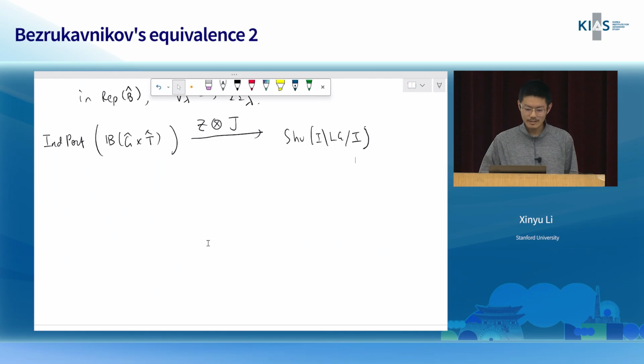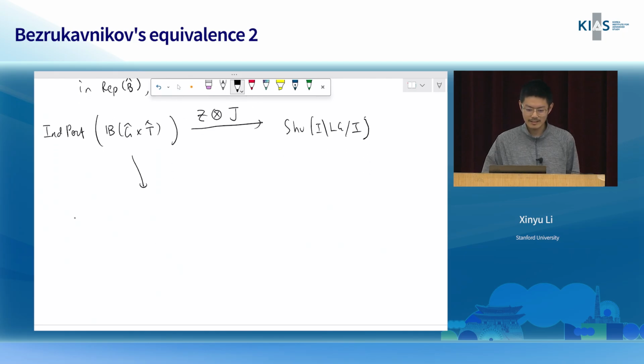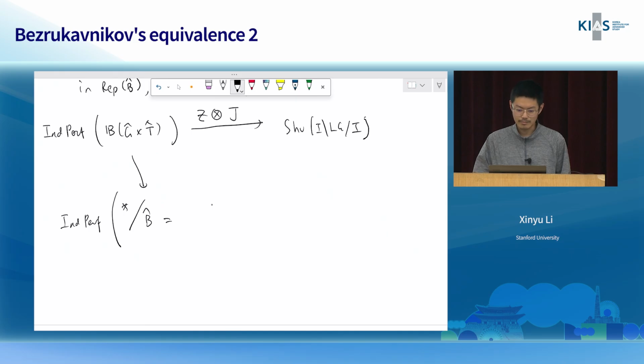Okay, and I would like to extend this functor to a functor from point mod B hat. And how do I do that? Notice that, maybe it's better to write this as point mod B hat. Then I can also present it as G mod U, mod G mod T. This is what I want to extend.